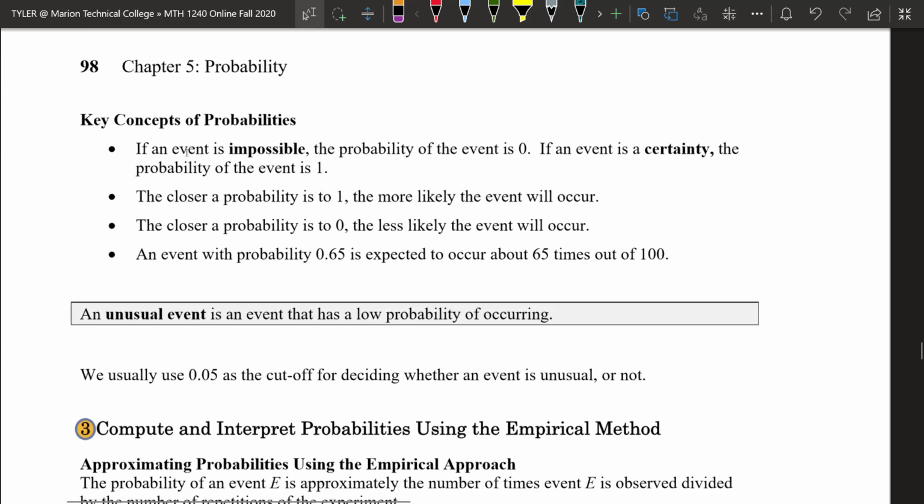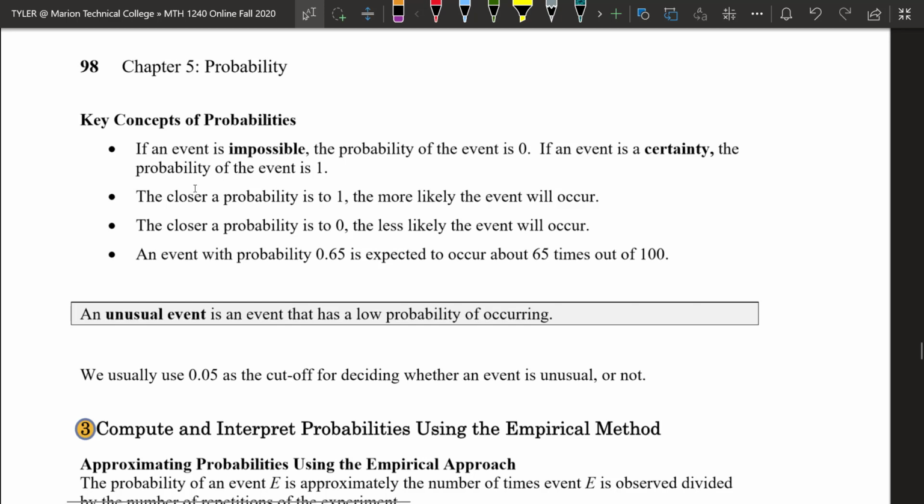So some key concepts of probabilities. If an event is impossible, the probability of the event is 0. So when you say something has a probability of 0, it's impossible to happen. It's definitely not happening. If an event is a certainty, in other words, it's definitely happening, like no question, the probability of the event is 1.